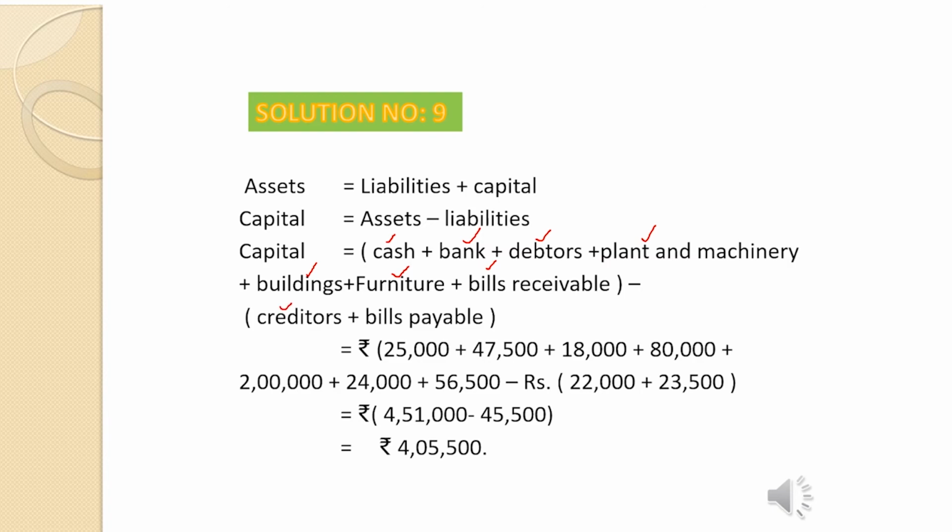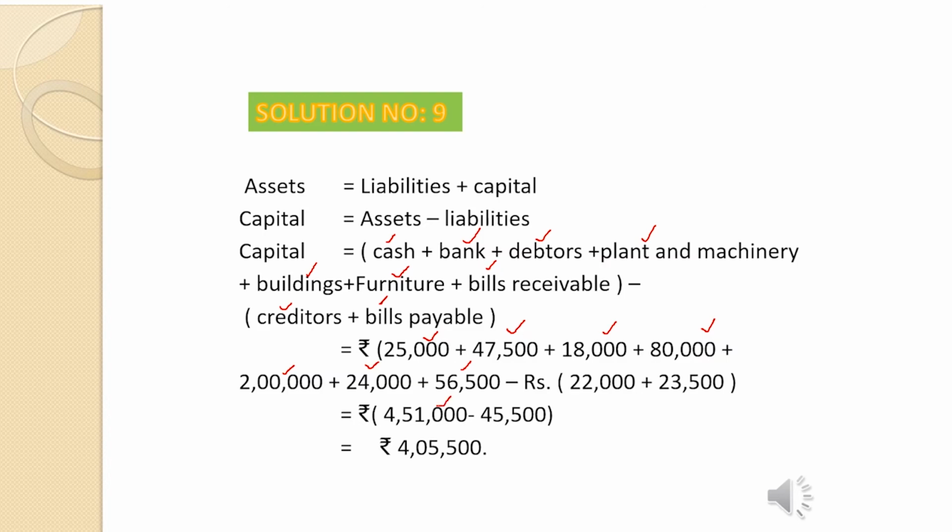Then on the liability side, creditors and bills payable were given. Cash value 25,000, bank 47,500, debtors 18,000, plant and machinery 80,000, building rupees 2 lakh, furniture 24,000, bills receivable 56,500. Minus the liabilities: creditors 22,000 plus bills payable 23,500.